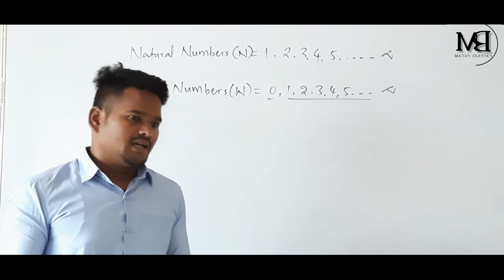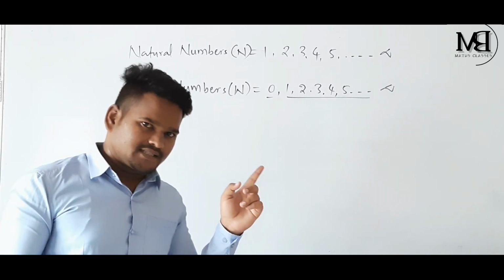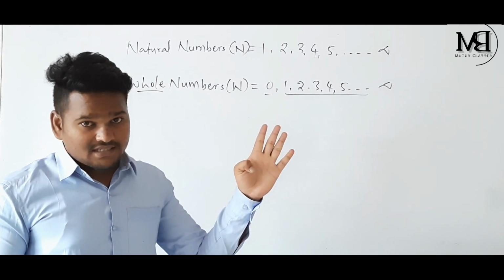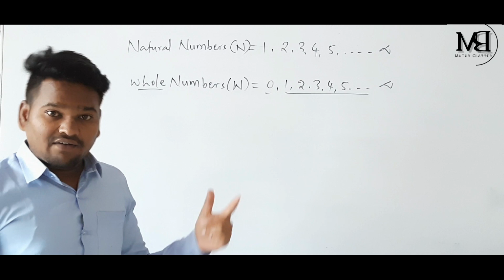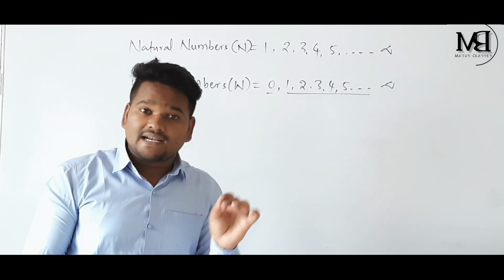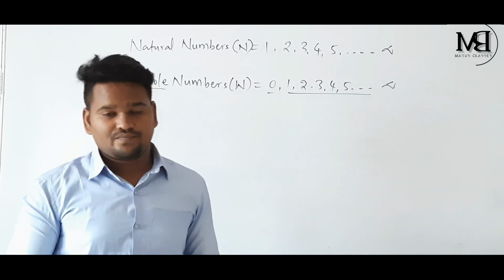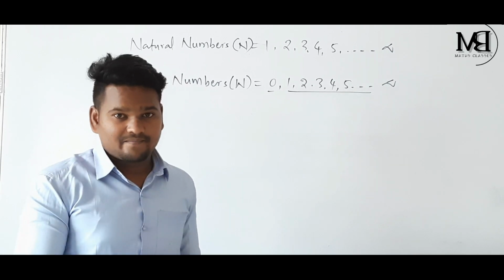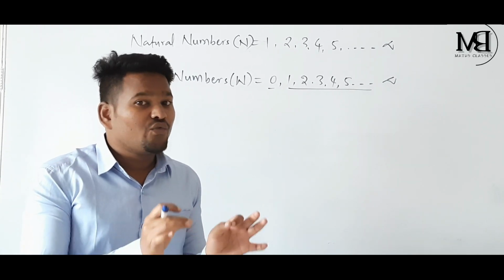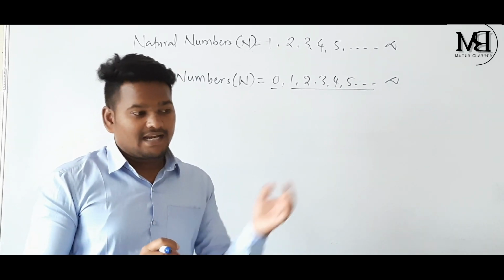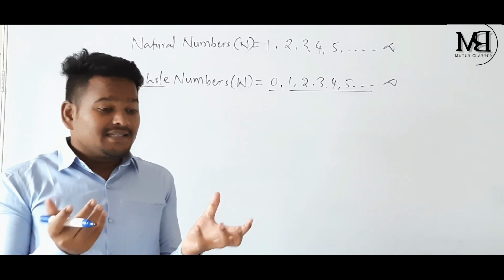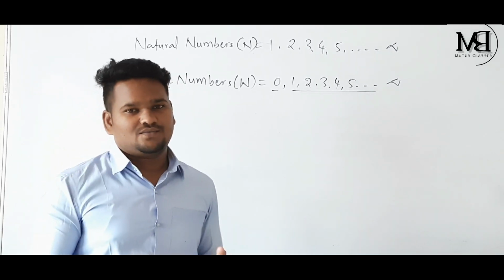Let's revise. Our case 1, there are 4 chairs, more than 0. Our case 2, there is no chair, nothing, 0. Now our case 3, there are no 4 chairs, less than 0. So what are the numbers which are less than 0?